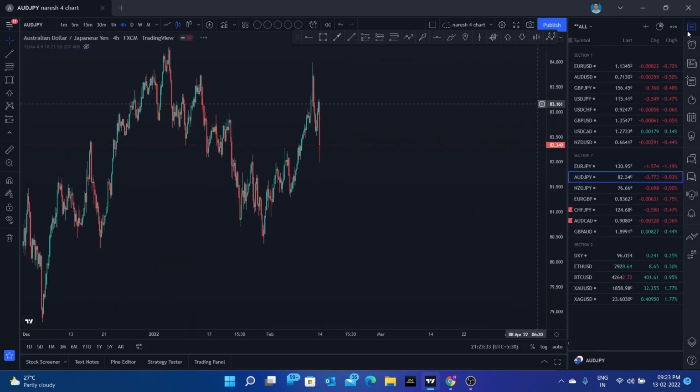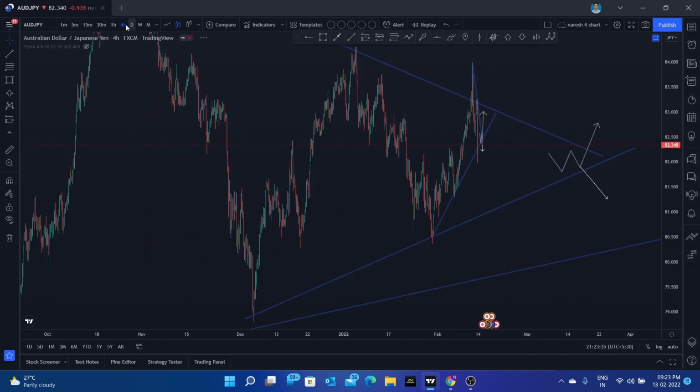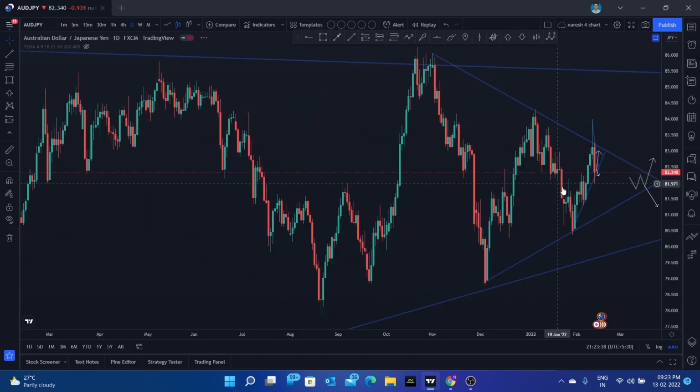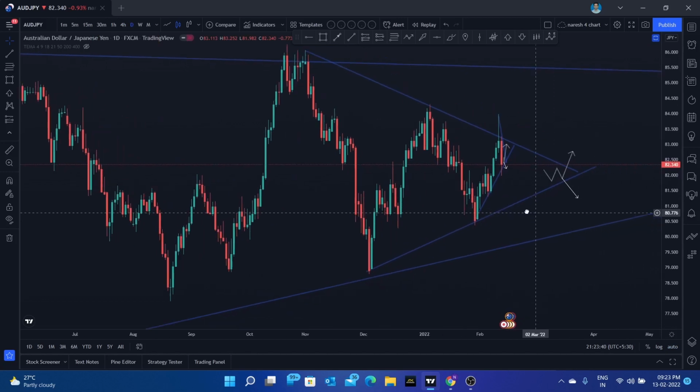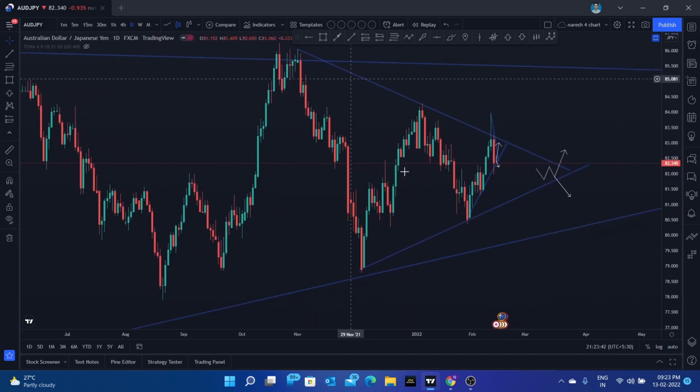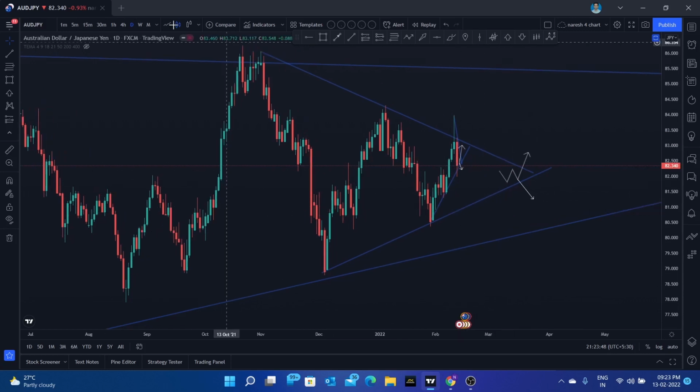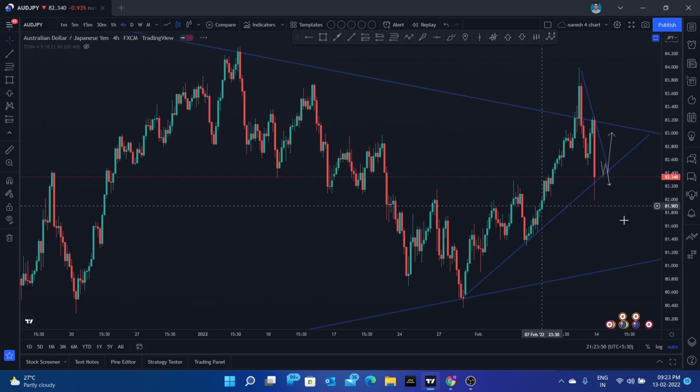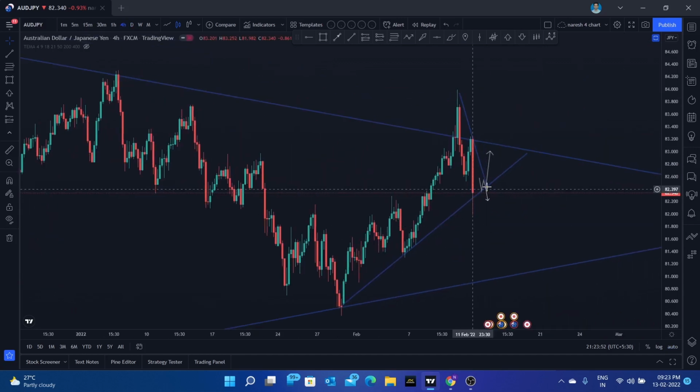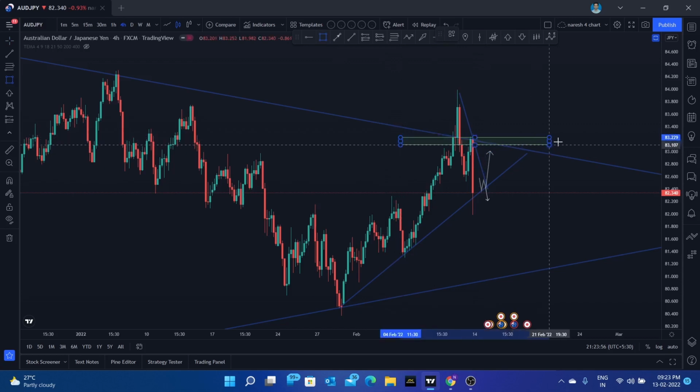So let's go for AUDJPY, guys. AUDJPY is not interesting right now because it is in a compressed zone. See, it is forming some kind of triangle pattern here. So I'll be going for long entries, guys, if it is breaking this resistance area, because it also has a trend line resistance.